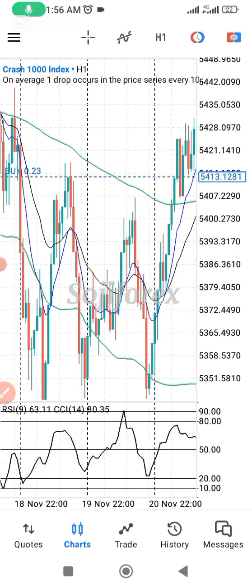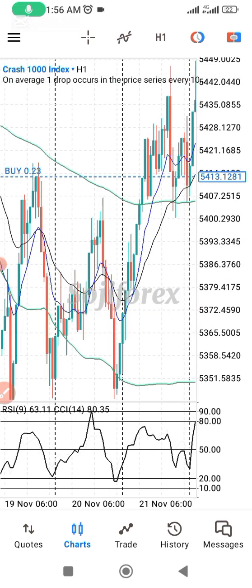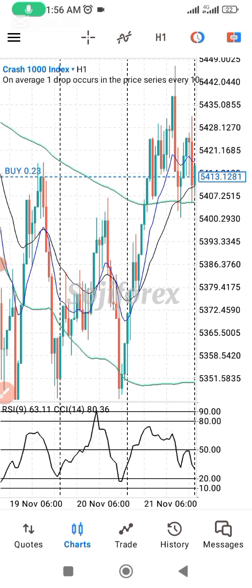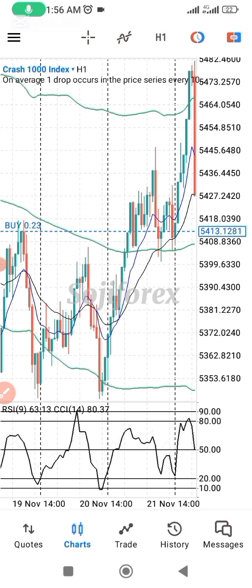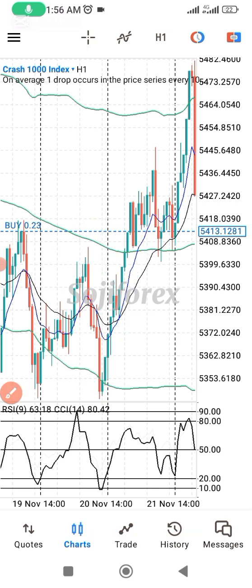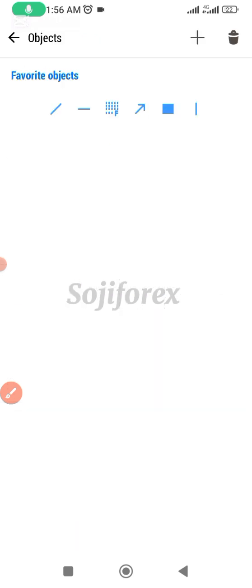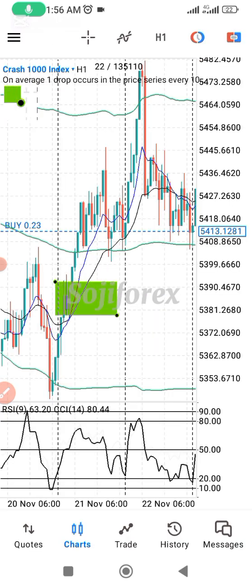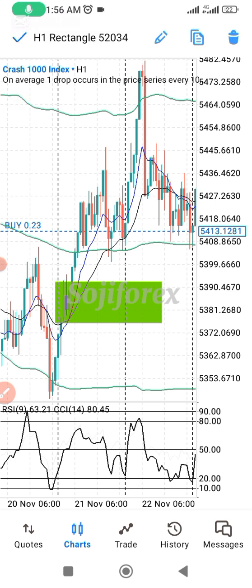So how did I arrive at this trade? Price was moving in a downward direction, and I noticed that here was my lower high and my lower low. Price moved from here and there was a break of structure. In this break of structure, initially I identified this smart money cube and I marked it out.